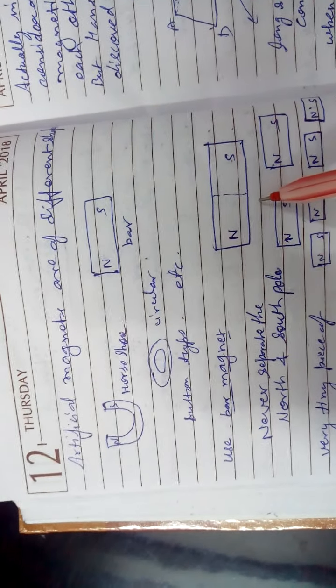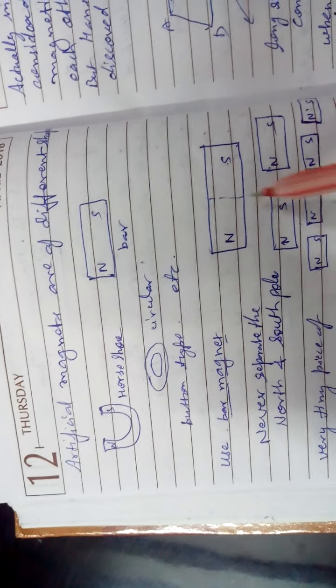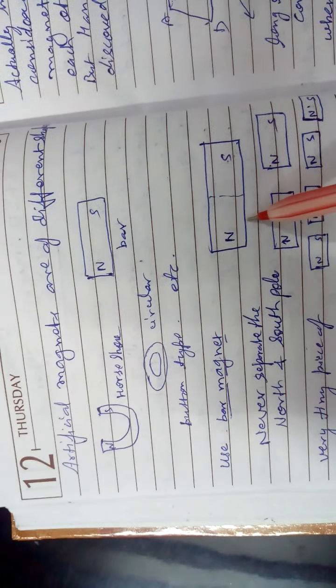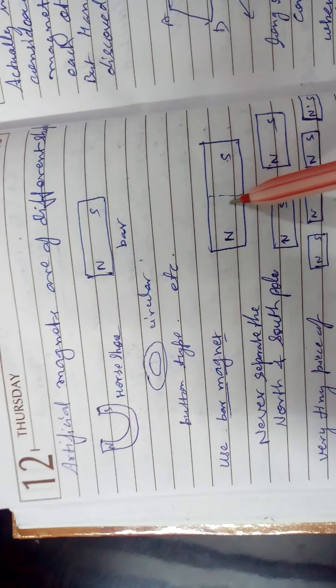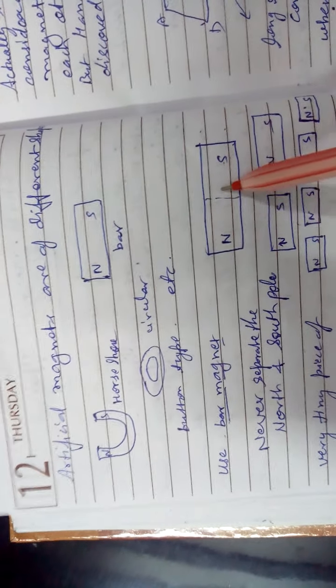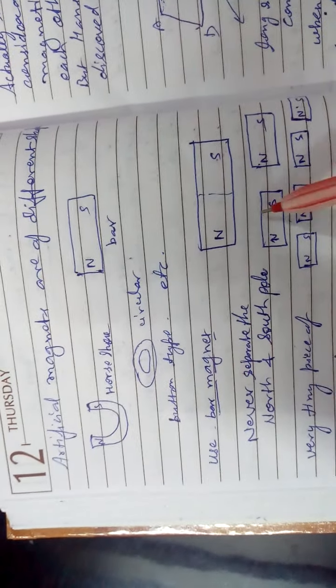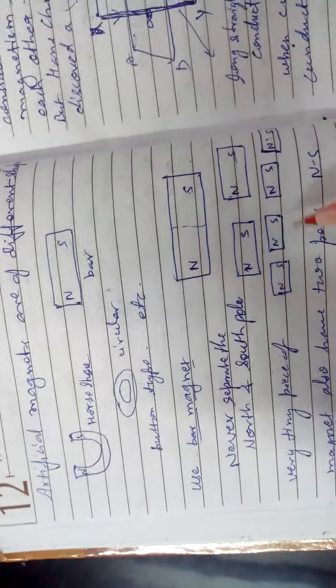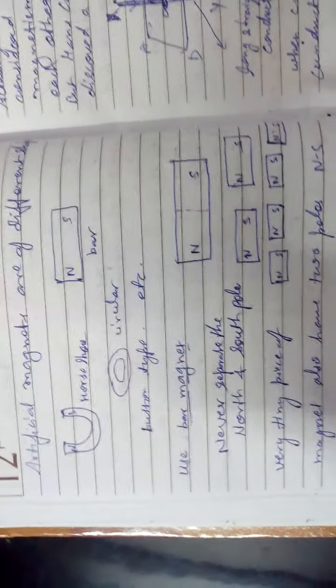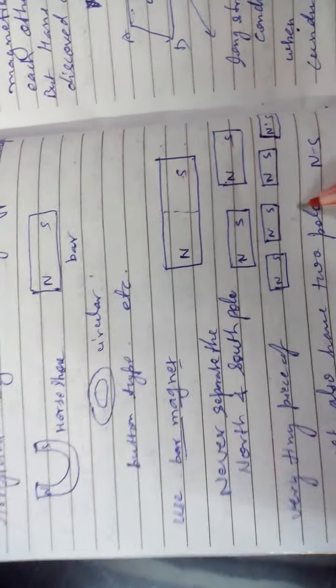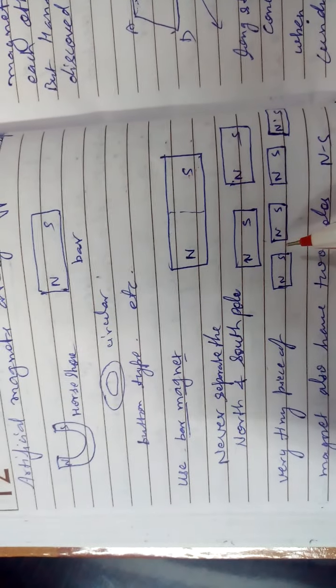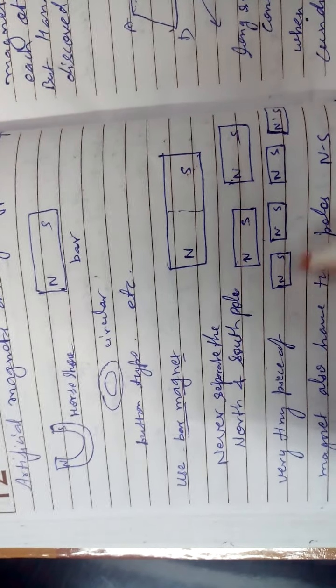A bar magnet, when you take it and cut it from the middle, then there is north on one side, and where you cut it forms the opposite pole. One piece has south and the other has north. Again you cut the two small pieces, again you will get the same. You can cut a very microscopic piece, but all the pieces will have two poles, and at the ends of the piece the polarity will be maximum.